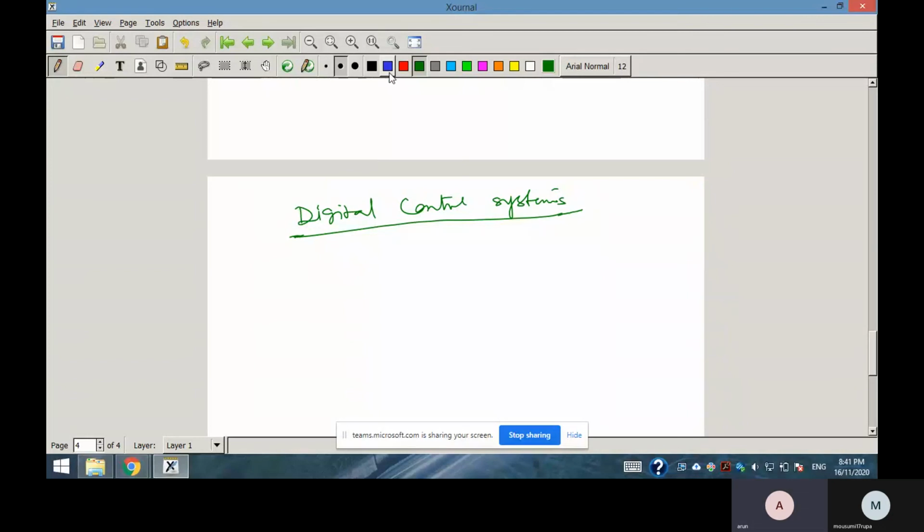So first I will draw a block diagram of a digital control system, or sampled data system. Here, the main thing is that the plant is a continuous time model, and the controller is a discrete time controller, or the controller is implemented digitally.